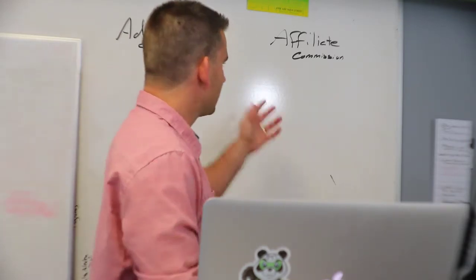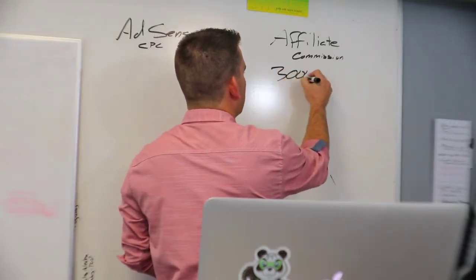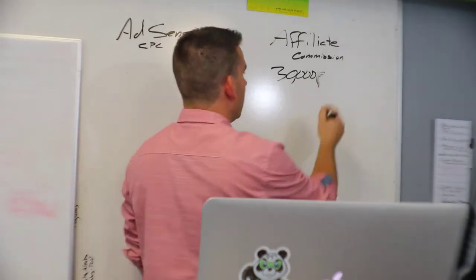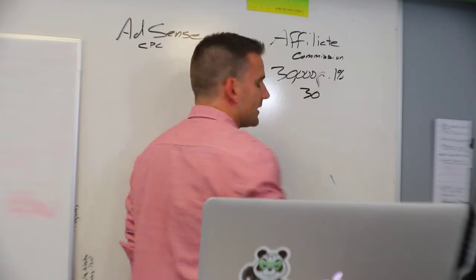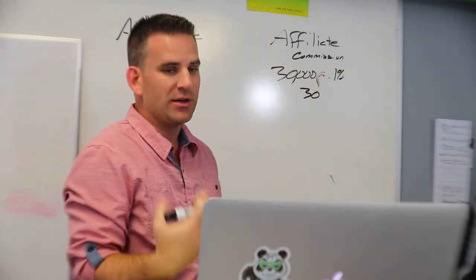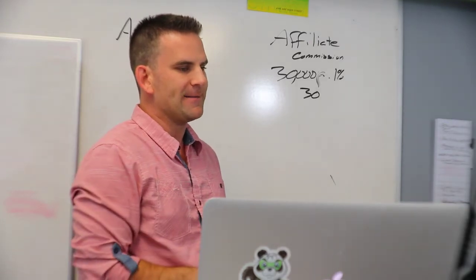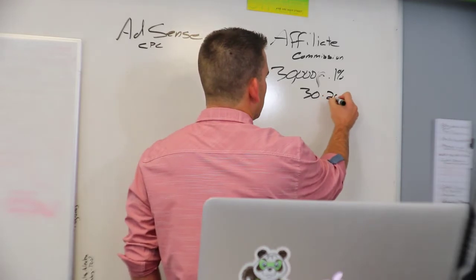All right, so again, we've got the same math for click-through rates. If I've got 30,000 ads a month and the click-through rate is 0.1%, I still just have 30 clicks, but now those clicks have to actually convert into purchases. So let's say that you're converting at 20%.